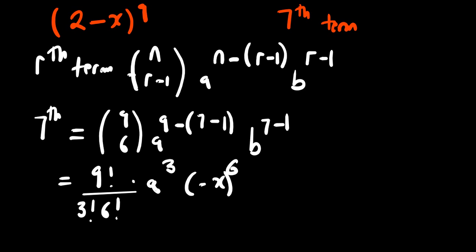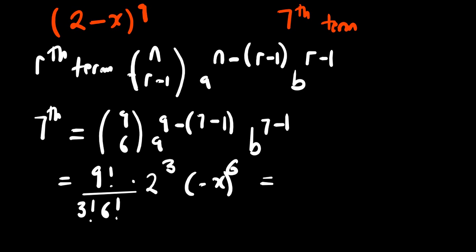Now that I've got such an expression, the a in this case is 2, so where there is a, let me put a 2. So this is 2 to the power 3, that is 8.